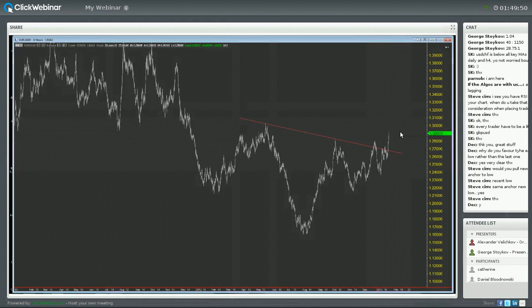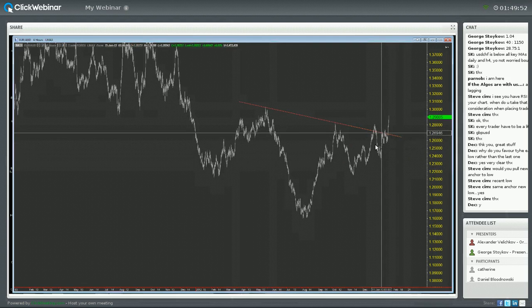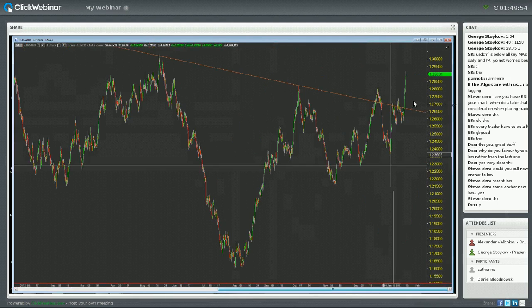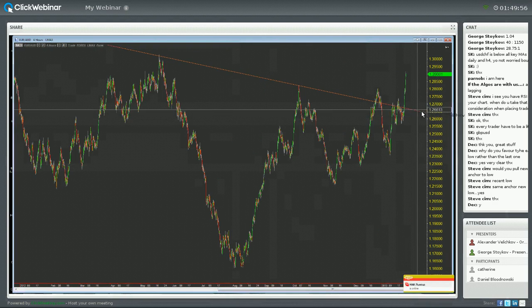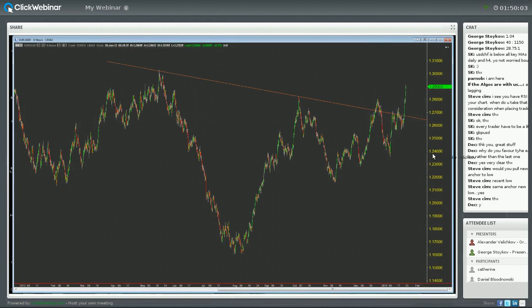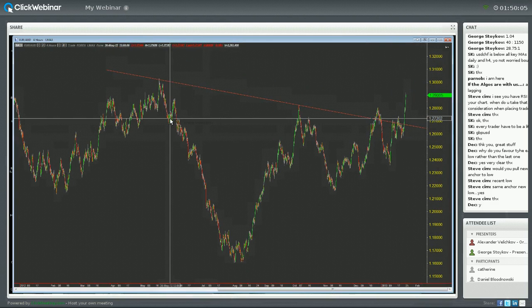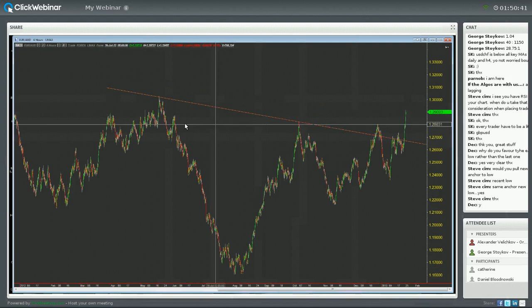We're right now waiting for a test of the neckline over here at the 126.5. This is classical technical analysis, guys. We use this to look at patterns. Yeah, on a daily chart, classical technical analysis works. And then we go to our strategy with Fibonaccis to confirm our strategy.